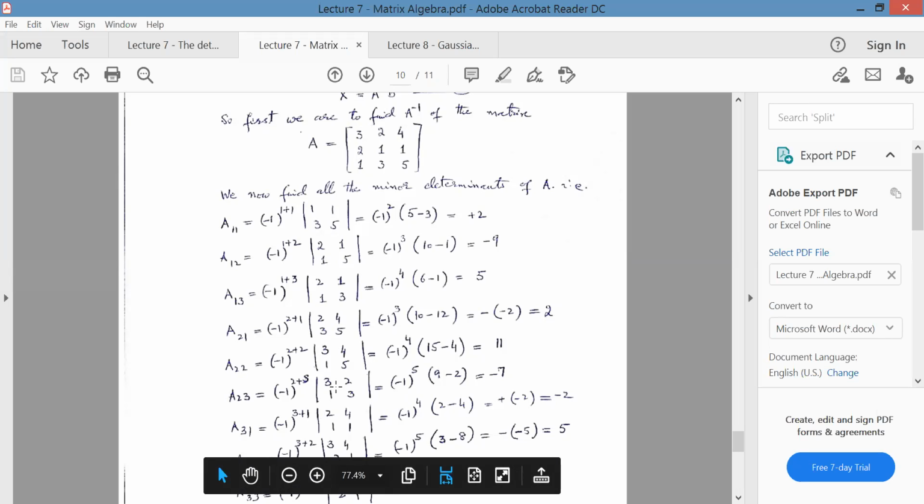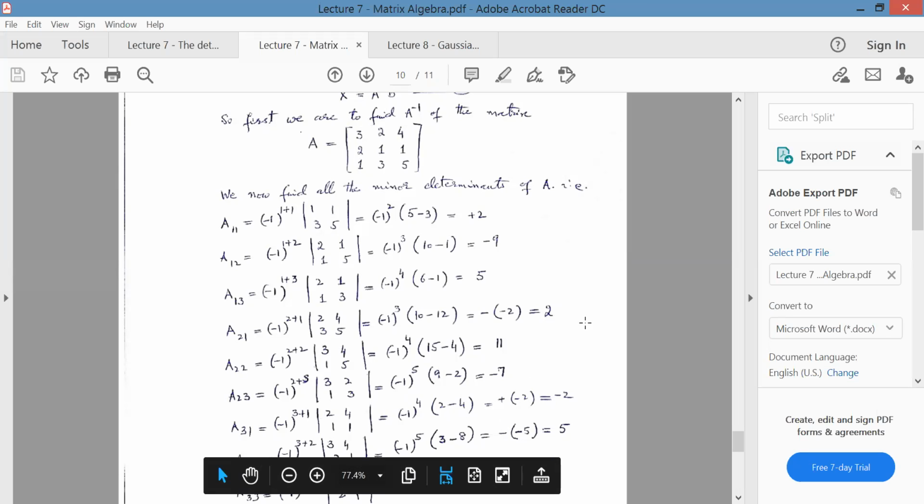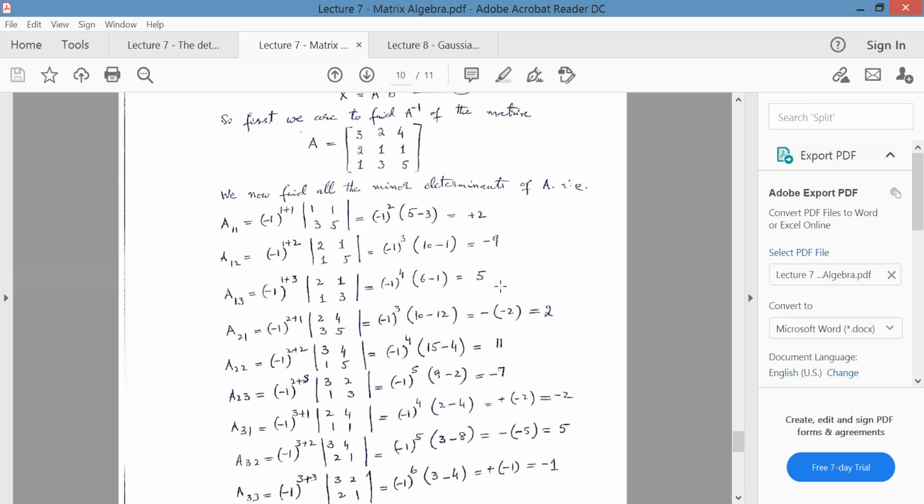I'm warning you, in a hurry, if you get even a single value which is not correct, or you attach a minus sign which is not required, then the whole thing will be wrong. You'll get a wrong A inverse, and surely once you put it back into the solution of the system of equations, you won't be able to get the correct values for your variables.